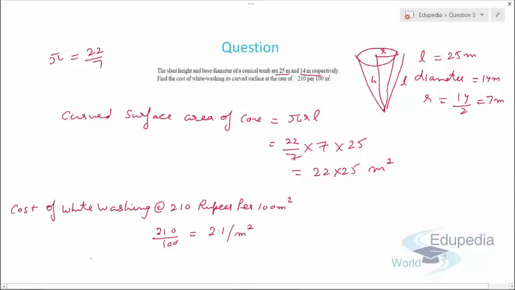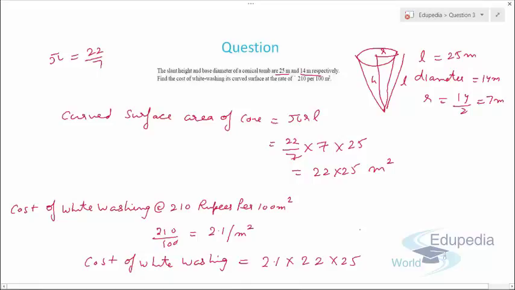So we can say that cost of whitewashing will be 2.1 times 22 times 25, right?